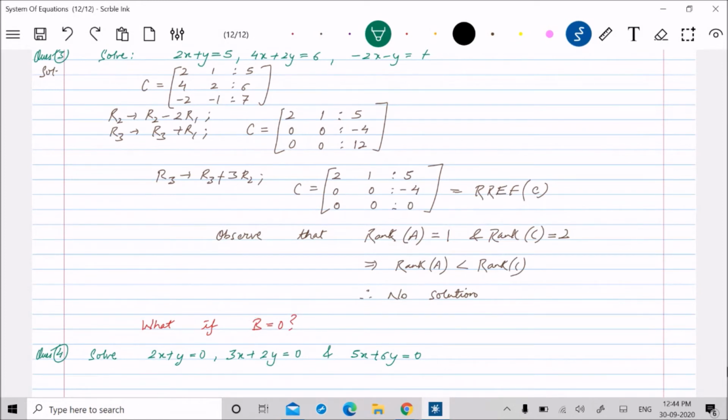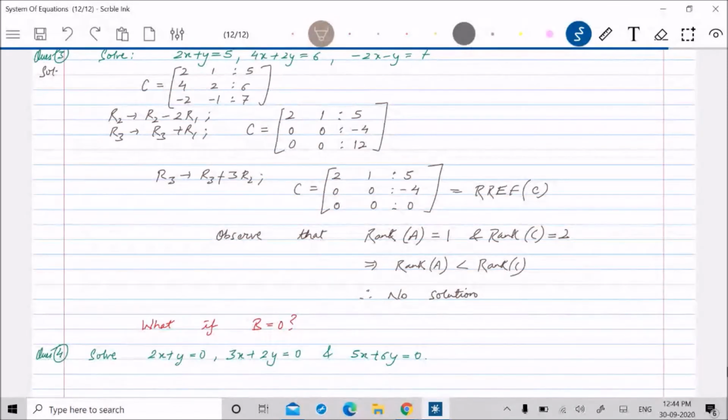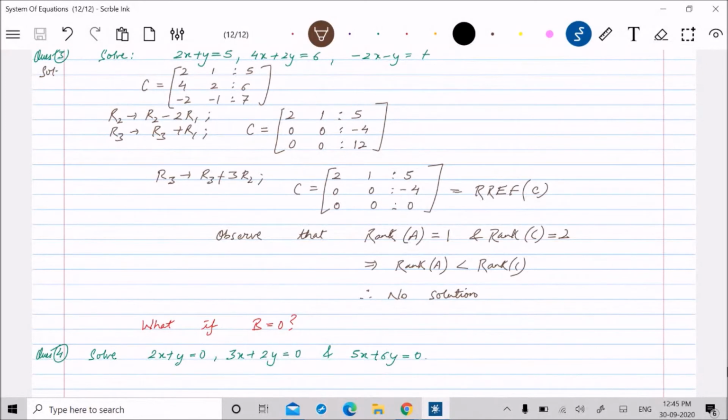Is it possible that you have no solution whenever the right hand side is 0? No, sir. It is not possible, because whenever the right hand side is 0, there is always a solution, right? Yes, sir. Okay.